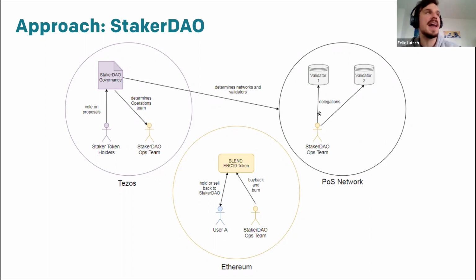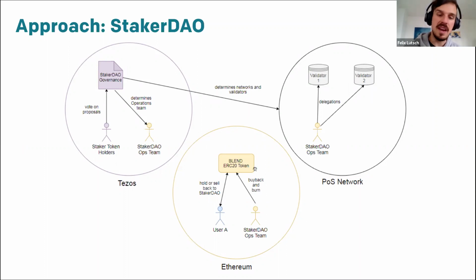So an example would be, let's say 50% Tezos, 50% Cosmos, and we stake with these 3 validators, and then the Staker DAO ops team makes accounts on these chains, does all the things, and reclaims the rewards and so on.